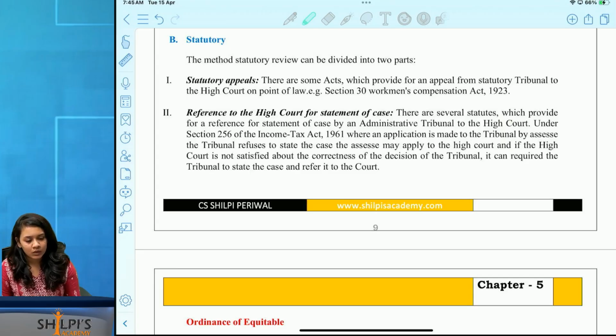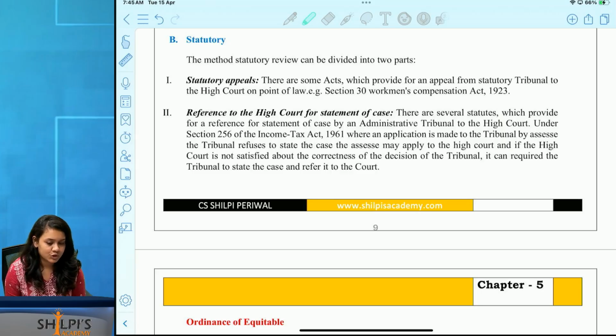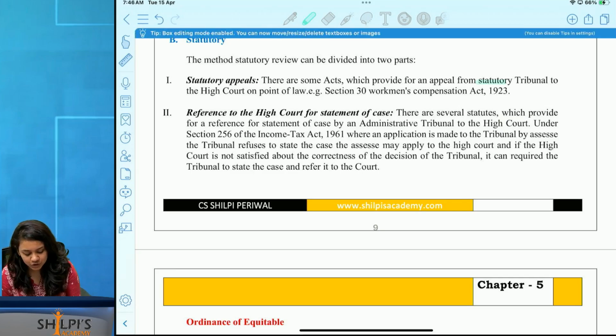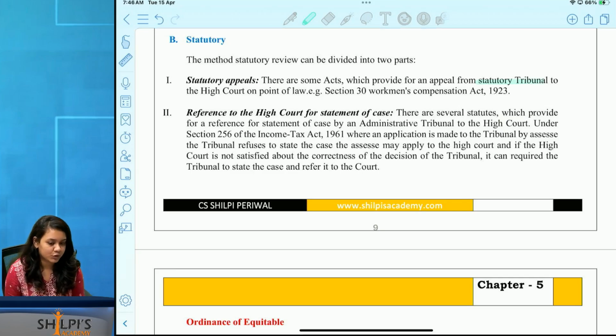So, in each statute there is a method of approaching an adjudicatory authority as well as to appeal. The act of appeal is the case wherein you can go from that statutory authority to the High Court for review. So, for example, we have the Workmen's Compensation Act wherein they are saying that first you go to the statutory tribunal for any kind of a dispute resolution.